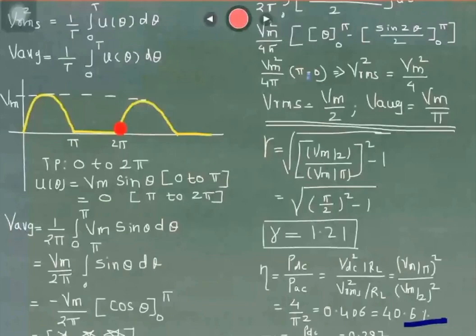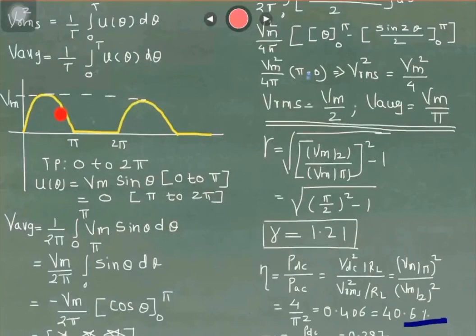That is the reason when you write the equation of V average, you say it is 1 upon 2 pi, integration from 0 to pi, Vm sin theta. Why integrate only from 0 to pi? Because the waveform is available only in the portion from 0 to pi. From pi to 2 pi, the value of the waveform becomes 0.